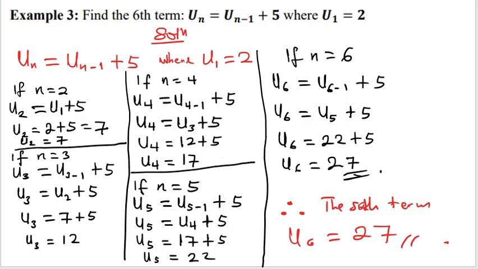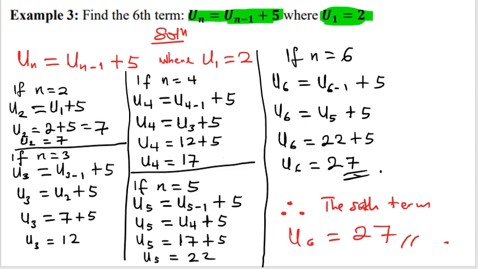There is another example, example 3. Find the sixth term. Now this time, they have rather given us the recursive formula. Our recursive formula is this. And they have given us the preceding term, that is our first term, u1. And we are supposed to find the sixth term.